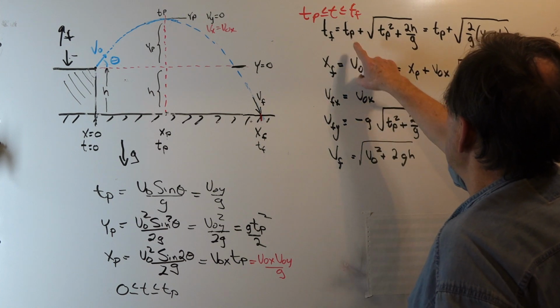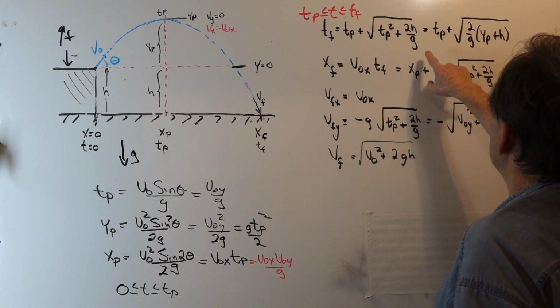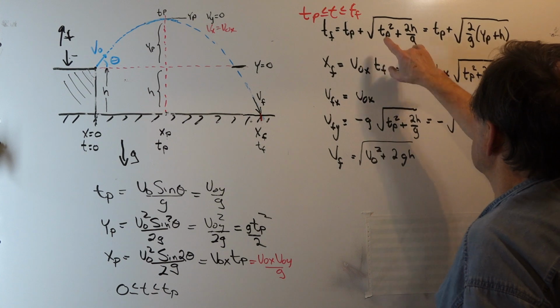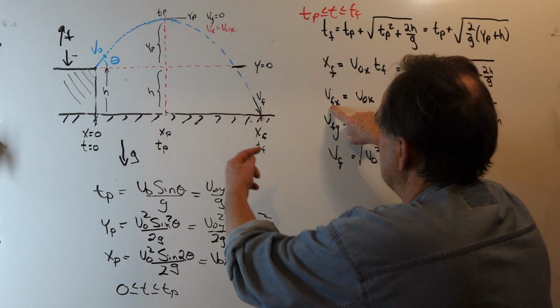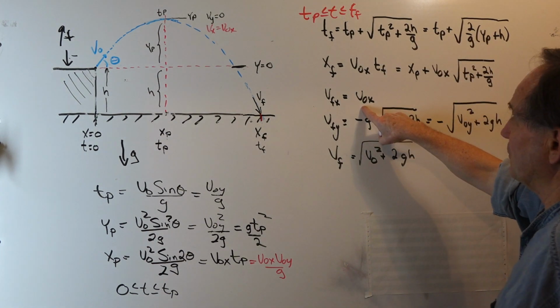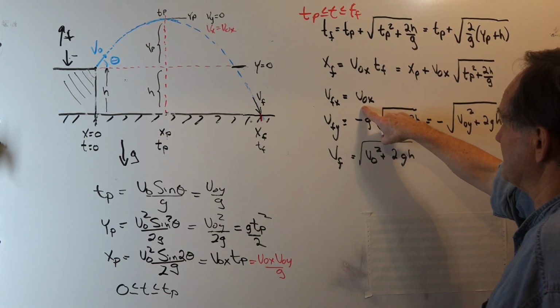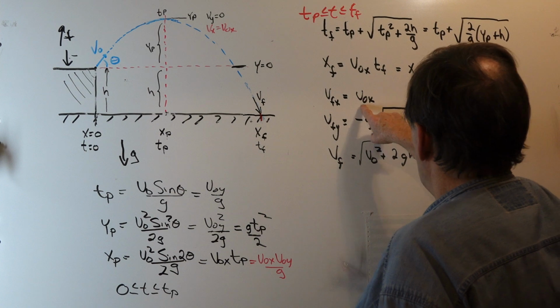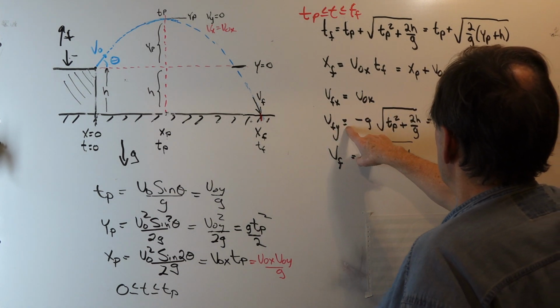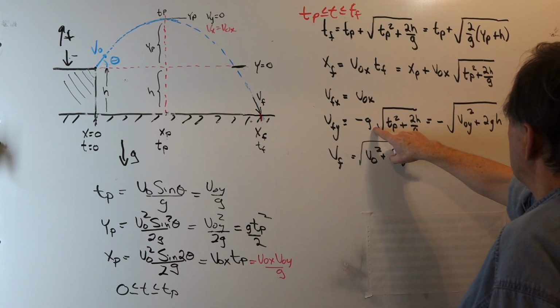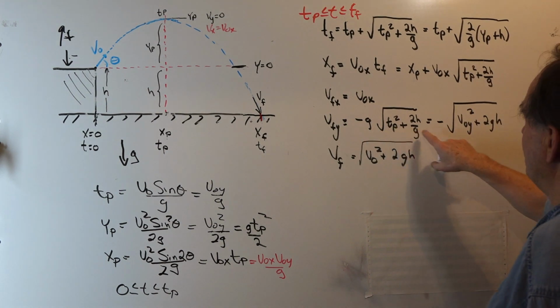So we put in this for final time and multiply through by v0x. v0x times t peak is x peak, and then v0x times this component. The final component of velocity in the x direction is just the initial component of the velocity in the x direction, as it always remains constant. And the final velocity in the y direction, we calculated out to be this, and here's two different forms for that.